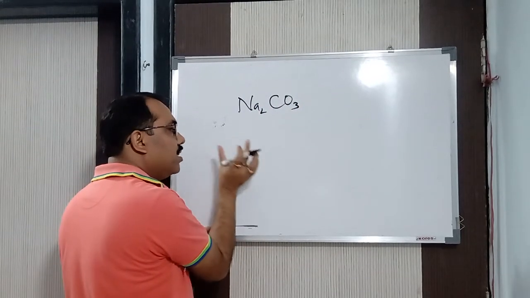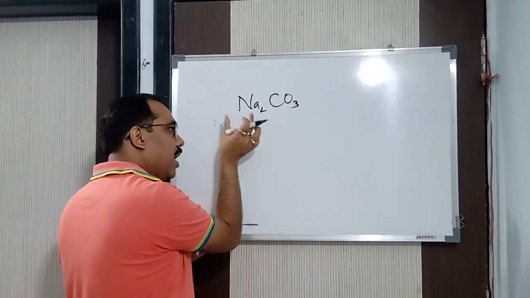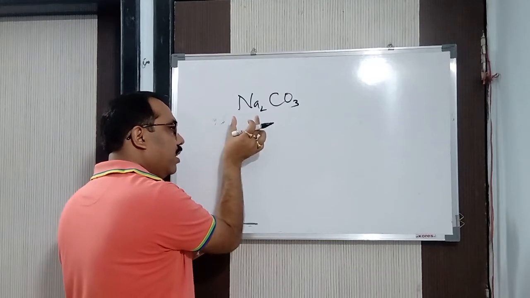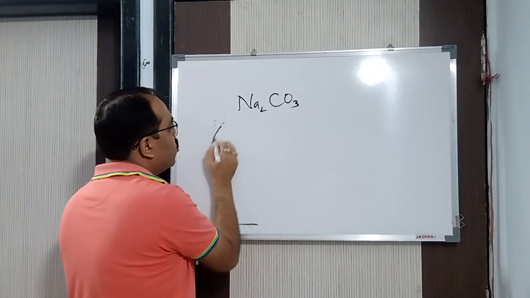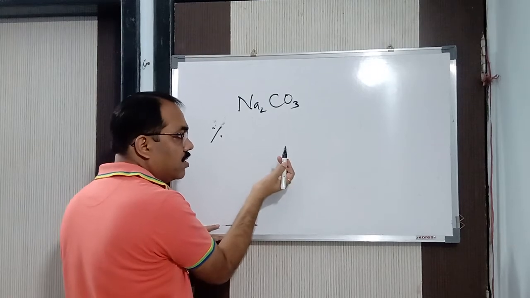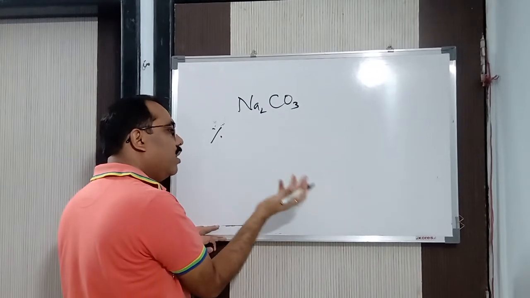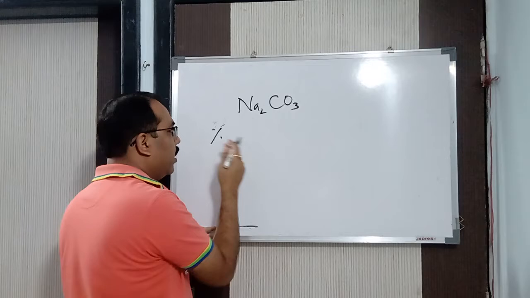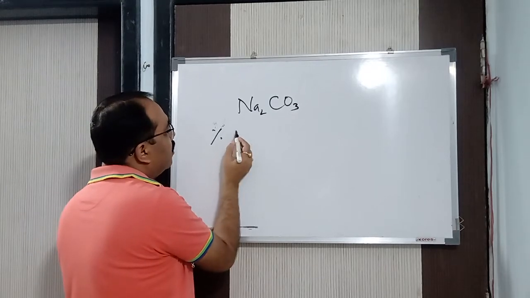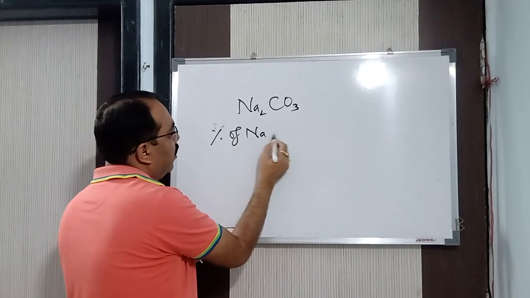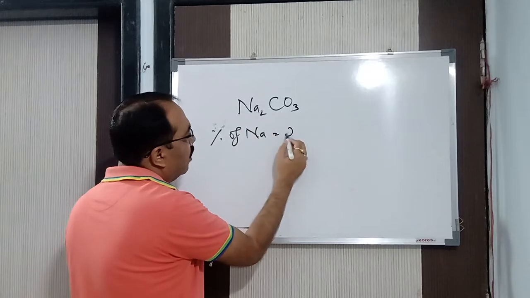So what I said to you, percentage composition is a percentage by weight of an element present in a given compound or a molecule. Now the question comes, how do you calculate the percentage? It is simple, as you do it in maths. Suppose I want to calculate the percentage of sodium. How many sodium is there? 2 sodium.